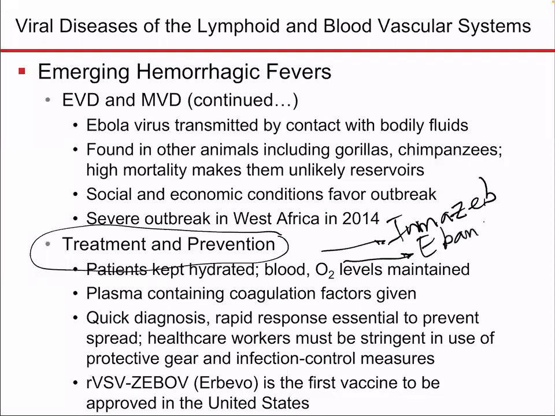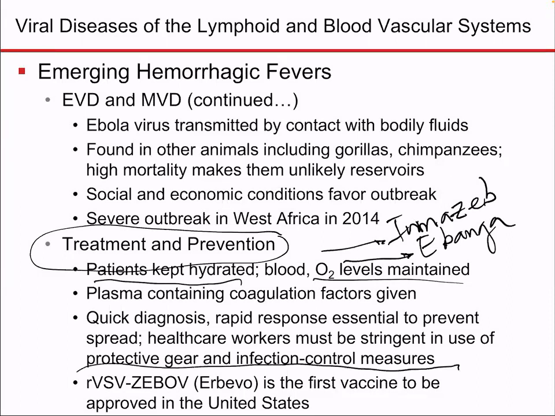In addition to that, patients have to be kept hydrated, oxygen levels maintained, a good supportive care during that treatment. But even though that supportive care is happening, still a lot of people will die as a result of that infection, because the case fatality rate for this virus is very high.